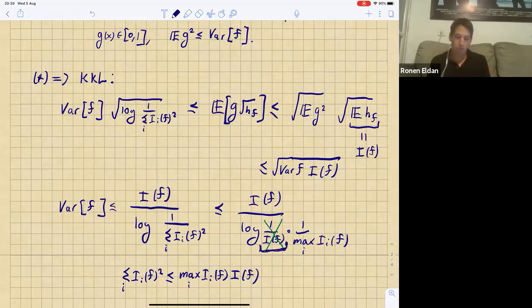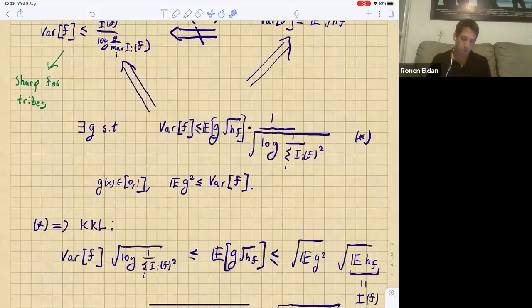And if the first one is the dominant term, it basically means that the influence of f is already very big. So KKL holds trivially. So it's not hard to check that we can actually erase this thing. Okay, so this is why this implies KKL. And this star here is our first main theorem.